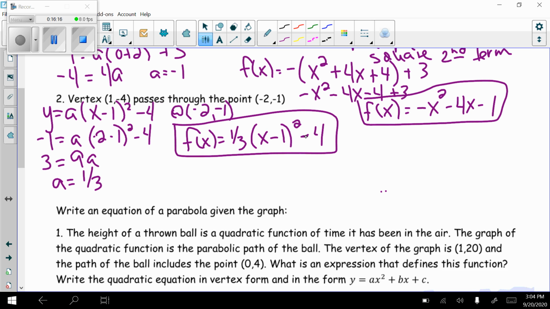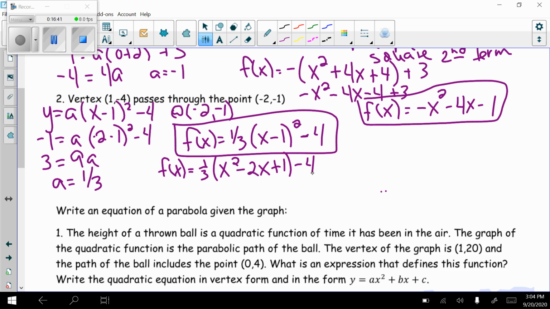Now I'm going to do my shortcut instead of FOILing this out. So I would get f of x equals 1/3, parentheses, my shortcut, the first term squared, x squared. Multiply the two terms together. X times negative 1 is just negative x, but then I double it, so I have negative 2x. Square the last term, negative 1 squared, plus 1. And then I have negative 4 at the end.